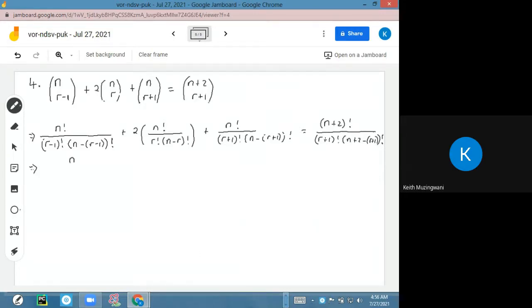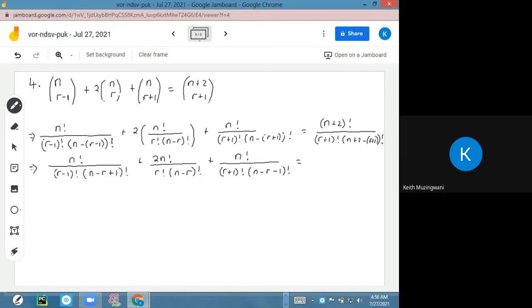So we'll have n factorial over r minus 1 factorial, n minus r plus 1 factorial, plus 2 n factorial over r factorial, n minus r factorial, plus n factorial over r plus 1 factorial, n minus r minus 1 factorial.